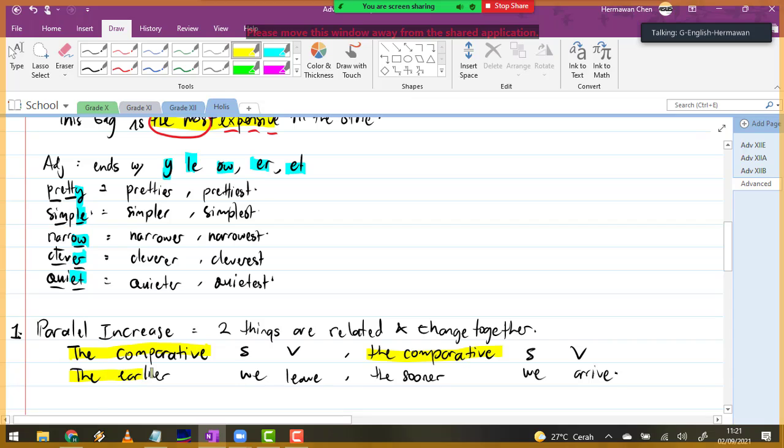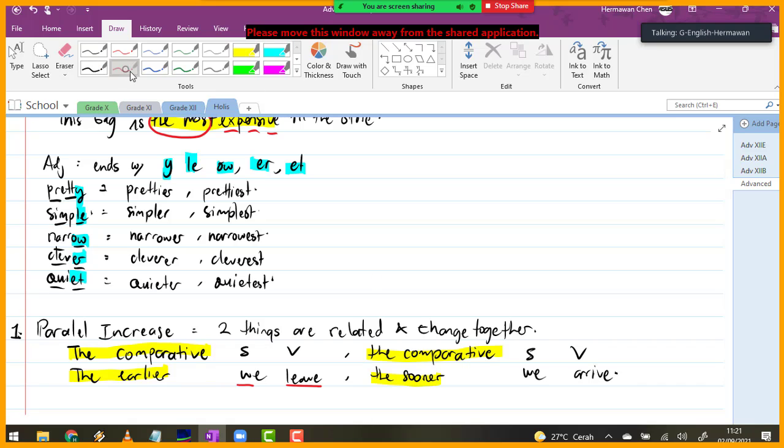This is the comparative. We is the subject, leave is the verb. The sooner, that's the comparative, and then we is the subject, arrive is the verb. That's the example, guys.